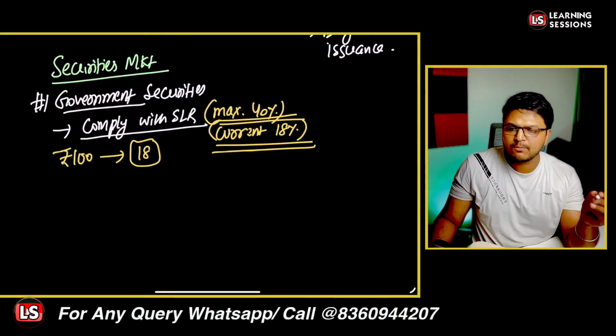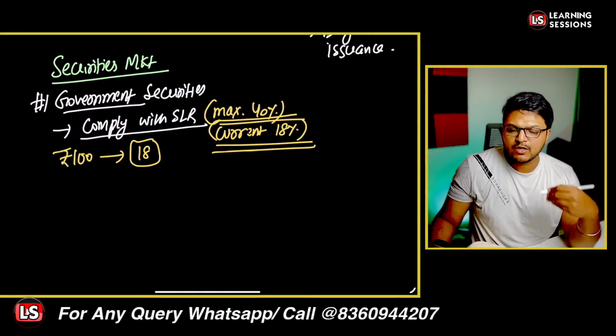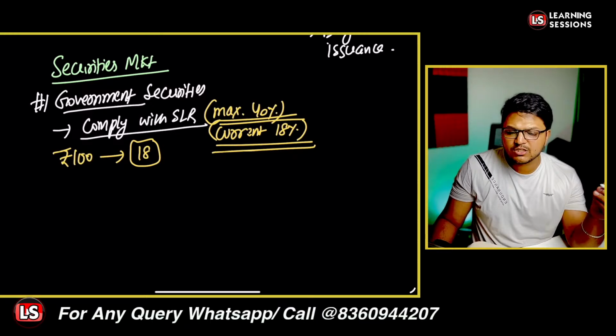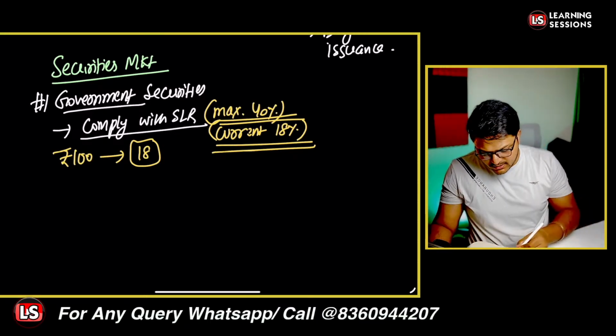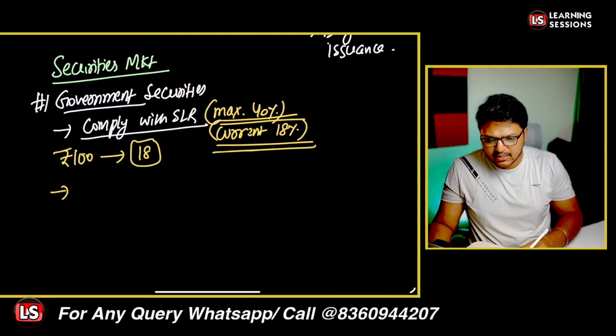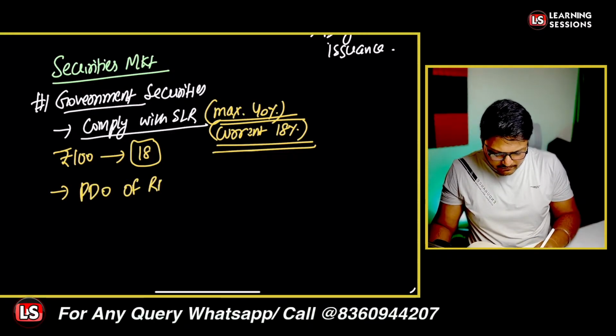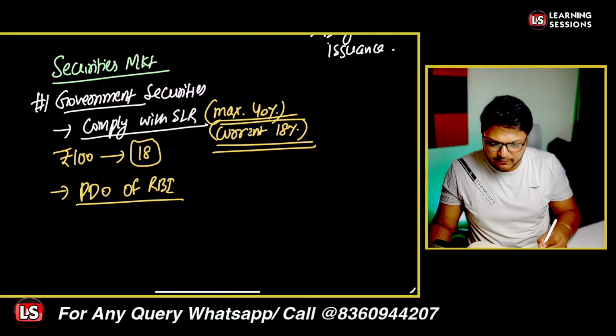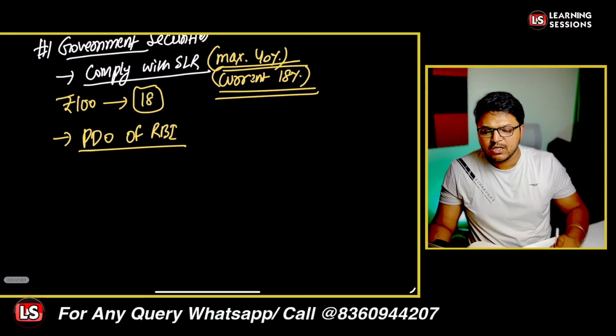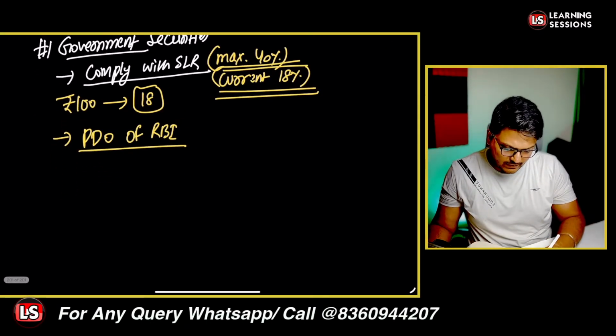It can be purchasing the bonds from SIDBI or from NABARD, or the priority sector bonds can be purchased over there. And government securities are issued by whom? These are issued by PDO, that is the Public Debt Office of the Reserve Bank of India, on behalf of the Government of India. On behalf of whom?